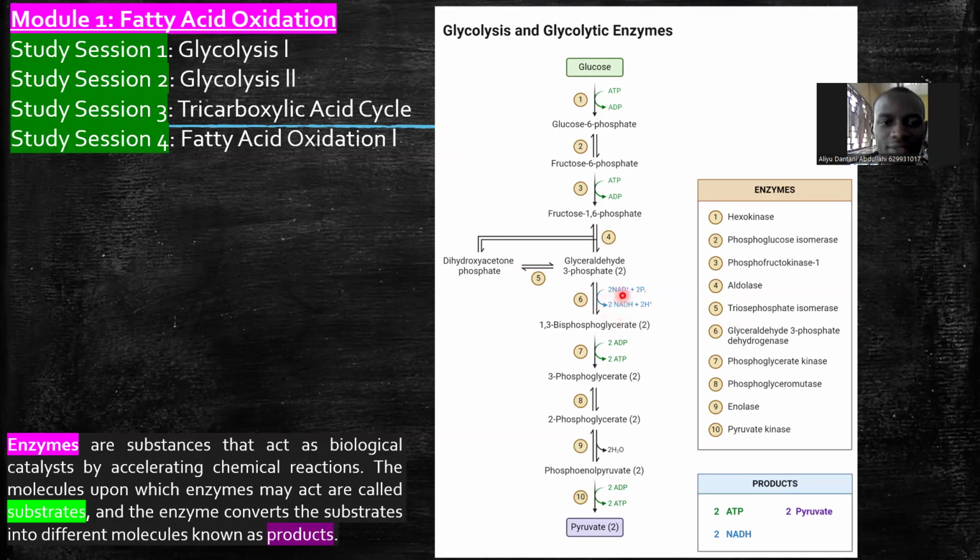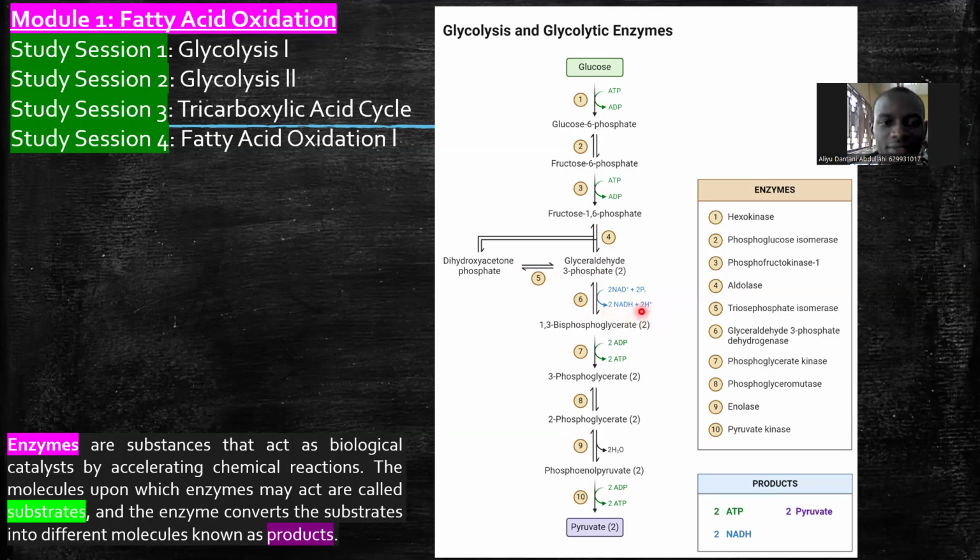We have NAD, we have FAD. Those are examples of coenzymes, all right? Now, this coenzyme plus 2 inorganic phosphates were fed into this reaction in addition to the glyceraldehyde 3-phosphate. We have 2 molecules of this coenzyme because we have 2 molecules of glyceraldehyde 3-phosphate. And this ended up producing 2 molecules of NADH and protons, right?